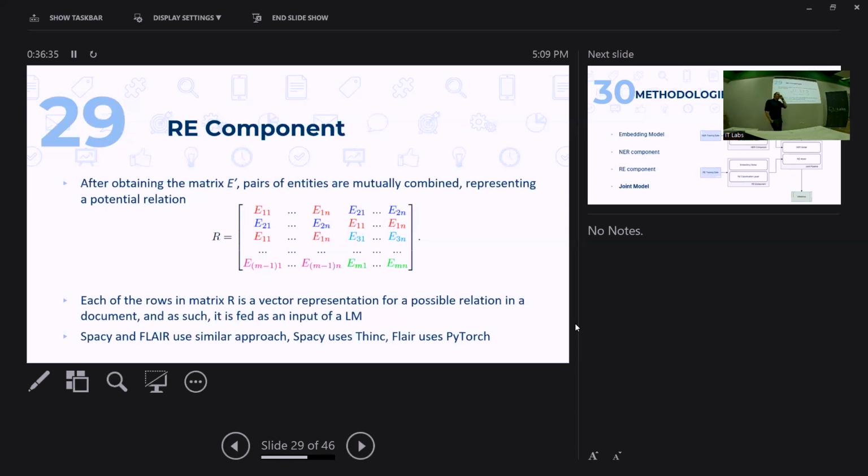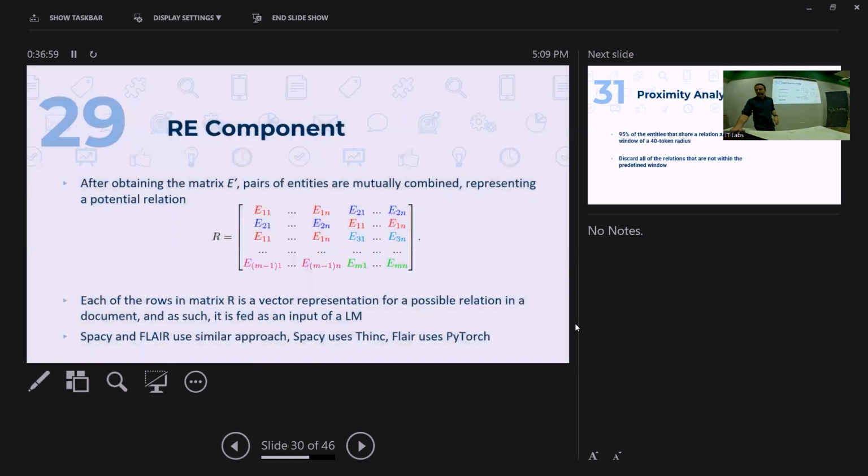Here we had a discussion: should we also put the entities that do not have a relation, okay? Can we learn something from them? We decided to use only the entities that have some relation, not to add the pairs of entities that do not have one. If they don't have a relation, they are not in the matrix, only the entities that have some of the mentioned relations.